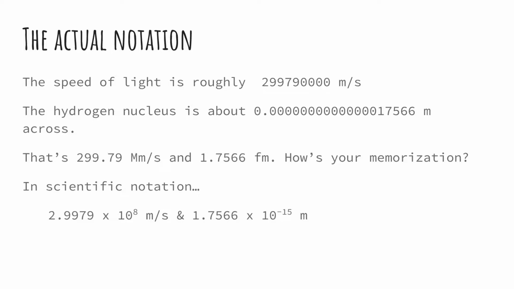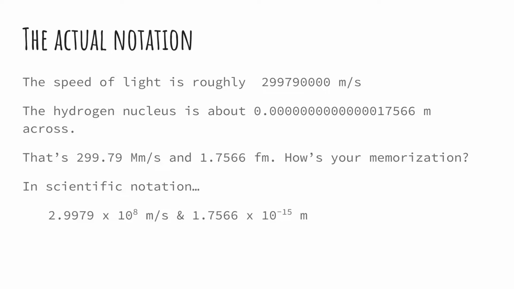And then the number on the exponent just tells us how many places we've moved the decimal. So you go back up to the speed of light, 299790000. There's that invisible decimal place at the very end of the number. We just moved it 8 spots to the left. 2.9979. 8 spots. That's how we got that number between 1 and 10.